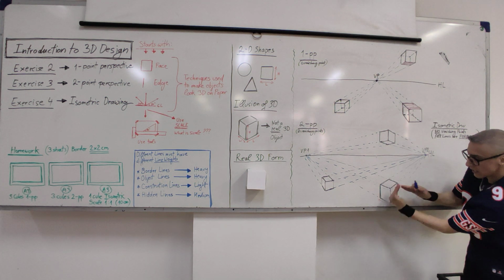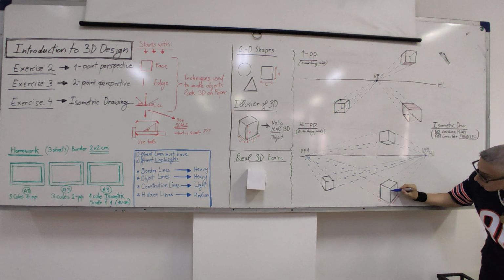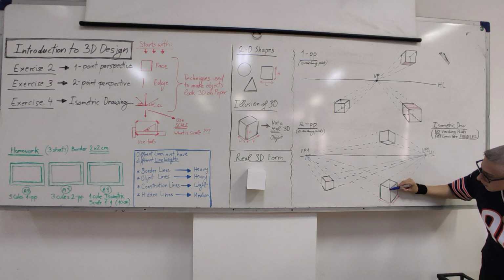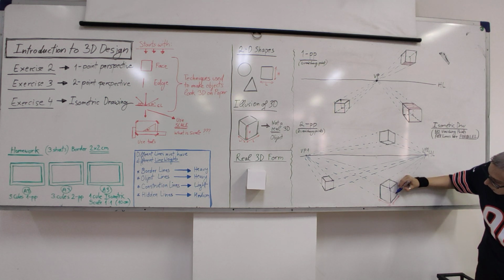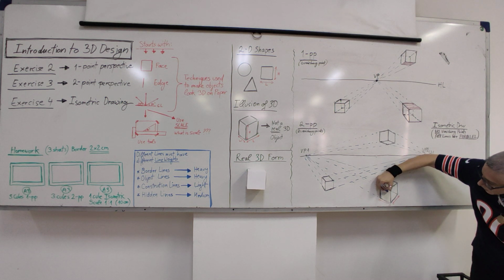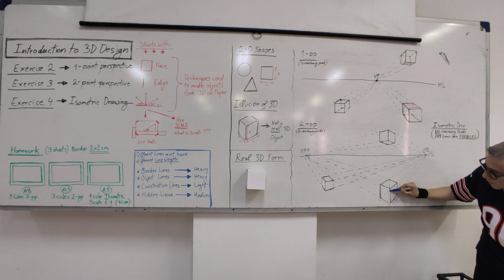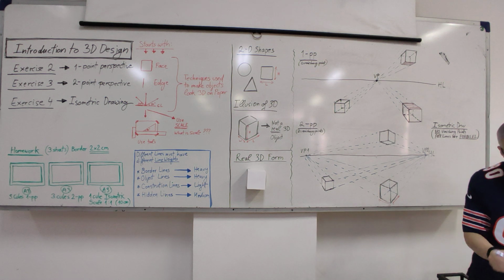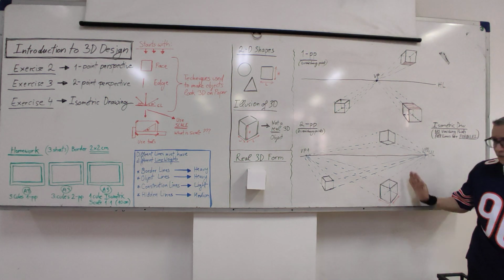And where they intersect, so it's this point and this point, we need to also connect. So if they meet perfectly at a point, then you have done it, at least the lines are correct.